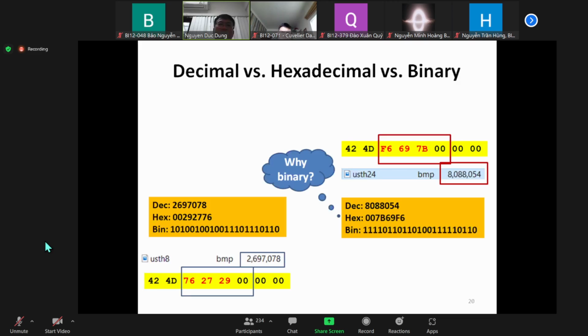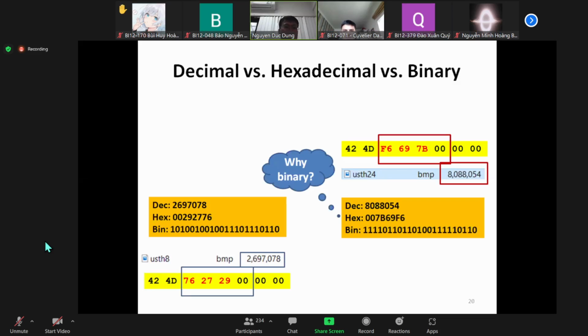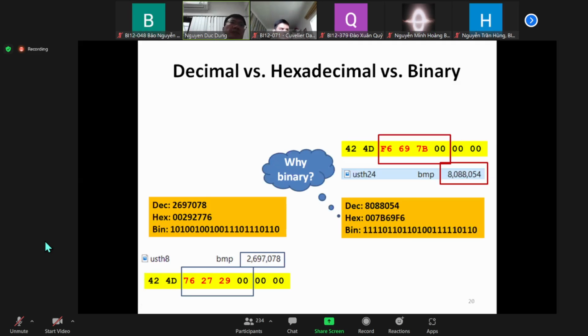Now, next question: why binary? We know that everything is stored in 0 and 1. Now we ask again, why binary? Why do we have to discretize or convert the real signal, with an infinite number of variable values, into a concrete, discrete number?